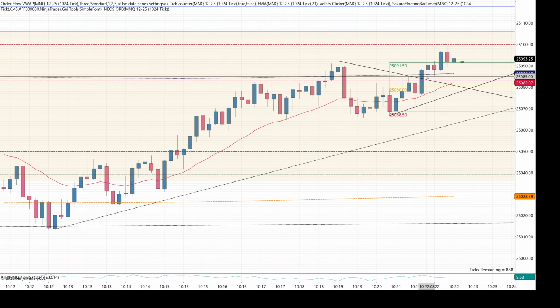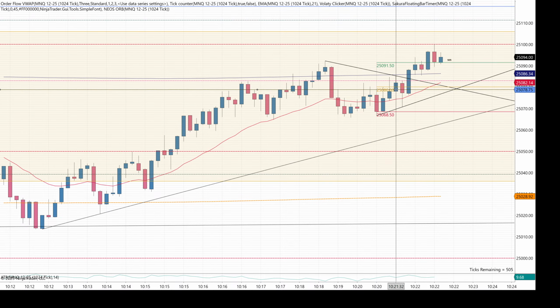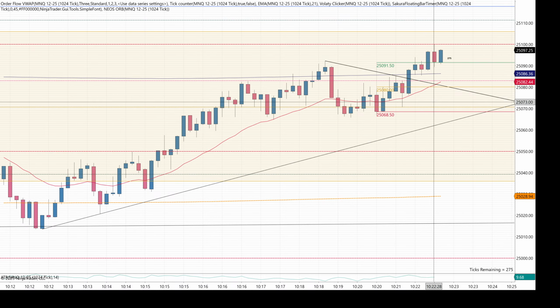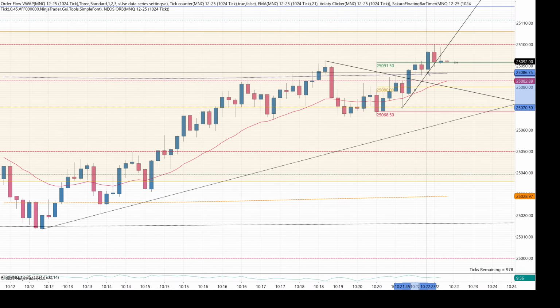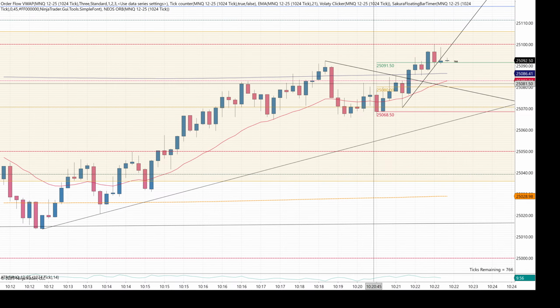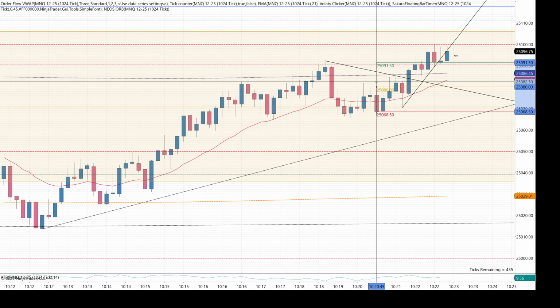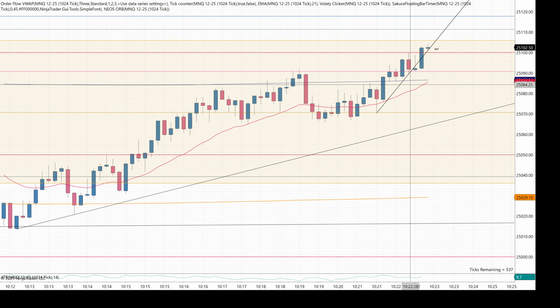So the golden ruler now moves down to our last swing. This is the swing. And then our runner is right there. We're approaching 100 again, which could act as resistance.